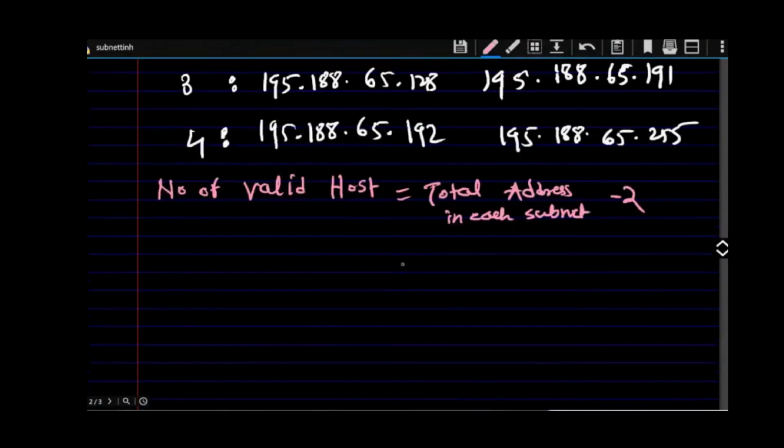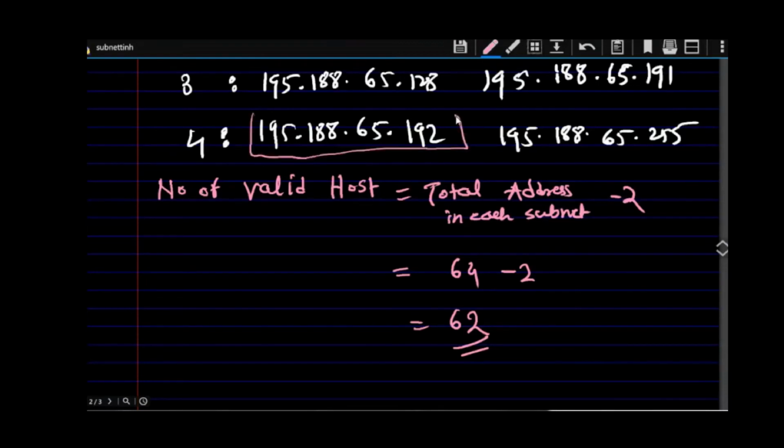Let me write the answer first. Total addresses in each subnet are 64, minus 2, so the total number of valid hosts is 62. In each network or subnet, the first address is used specifically to identify the subnet.